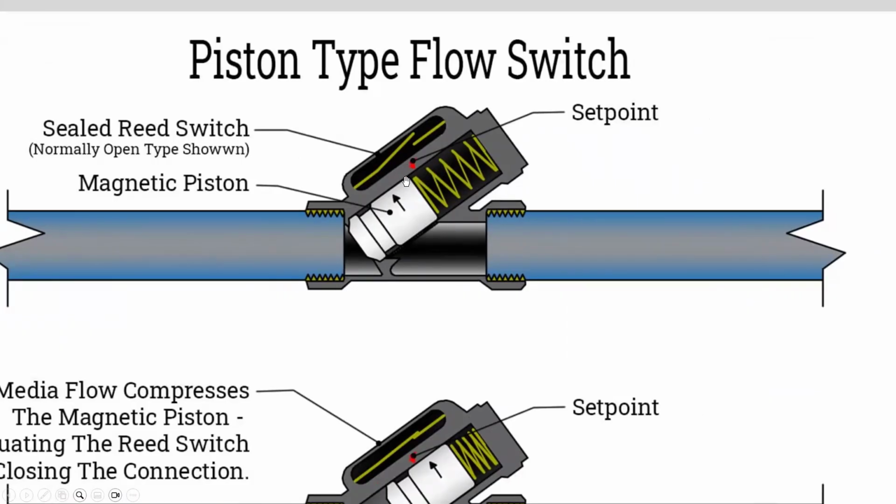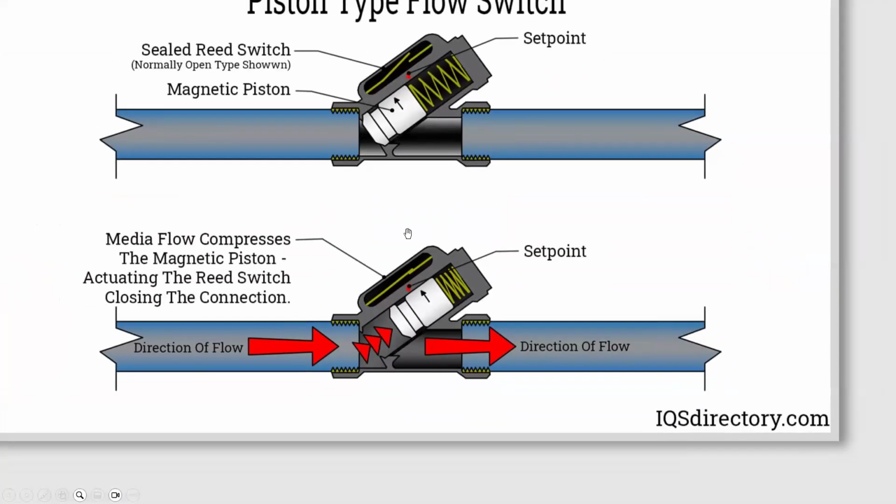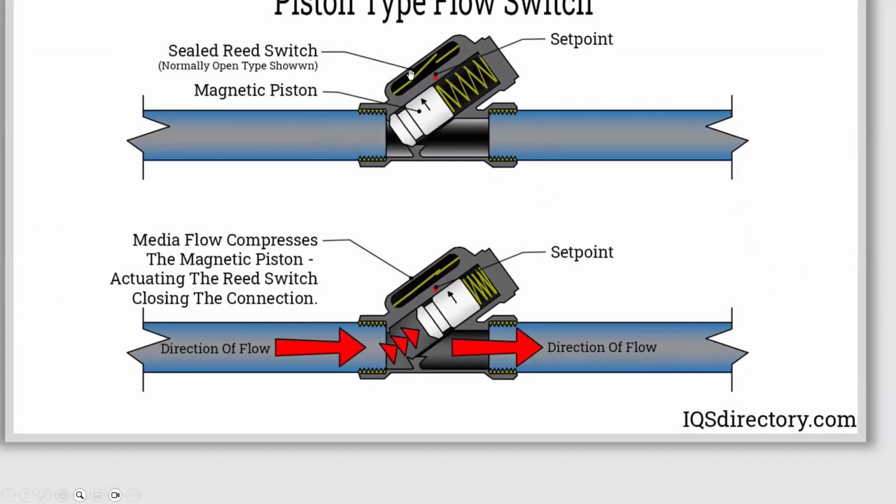It closes based on the magnetic field being present, and it's going to keep informing the processing control unit that there's a flow going on. As soon as the flow stops, that spring is going to push it down, the switch is going to open, and that can cause all kinds of alarms that can be used to take some corrective actions. Oh yeah, there you go, see? Here's the open and there's this close position, look at that.